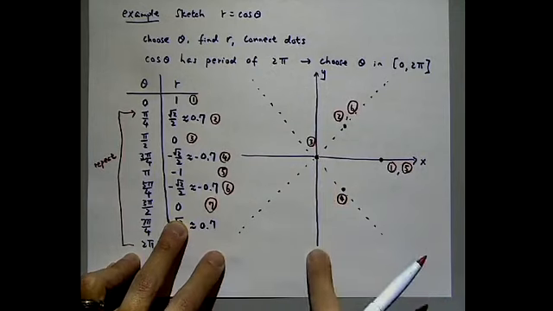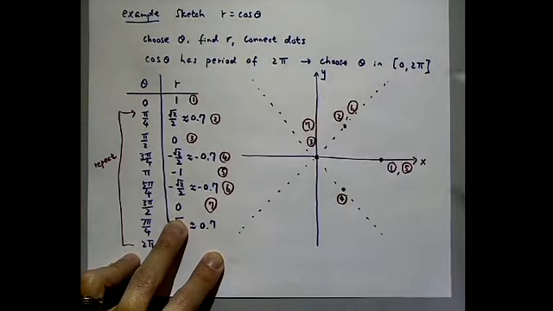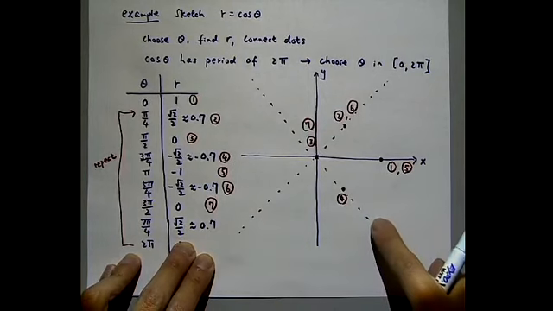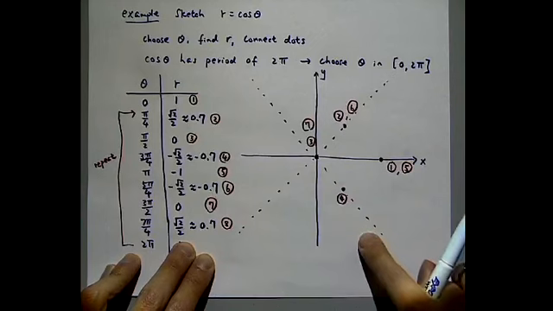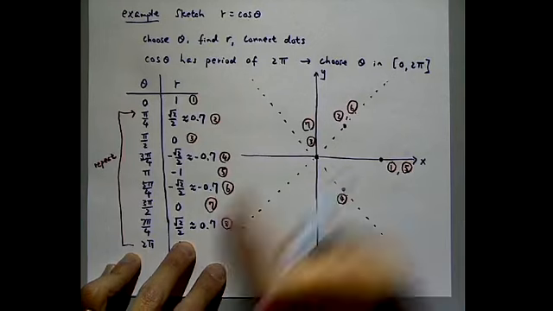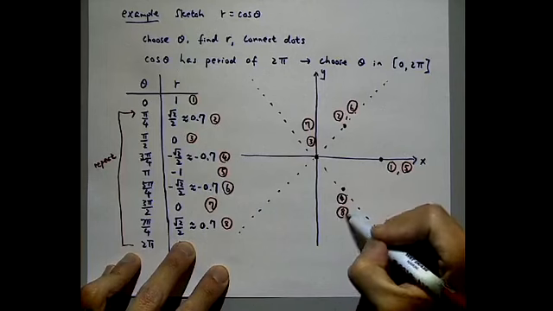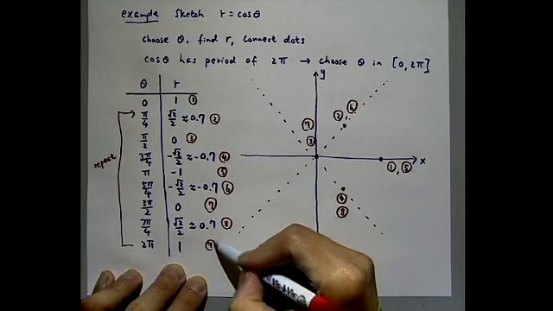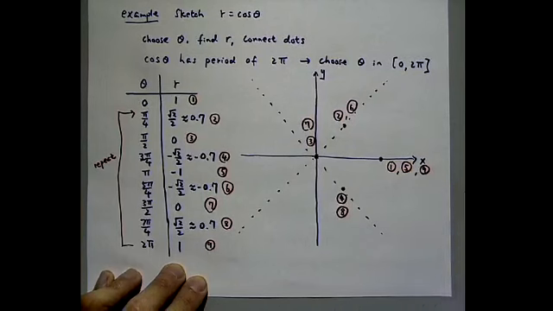I want a 0 r, so I sit on top of 3. And notice this continues. 7 pi over 4 is right here, my point 8. 7 pi over 4 puts me in the fourth quadrant. A positive r makes me stay in the fourth quadrant. So this is the same as point number 4. And finally, 2 pi and then 1. So this is number 9. 2 pi is right here, 1 point. So right here.